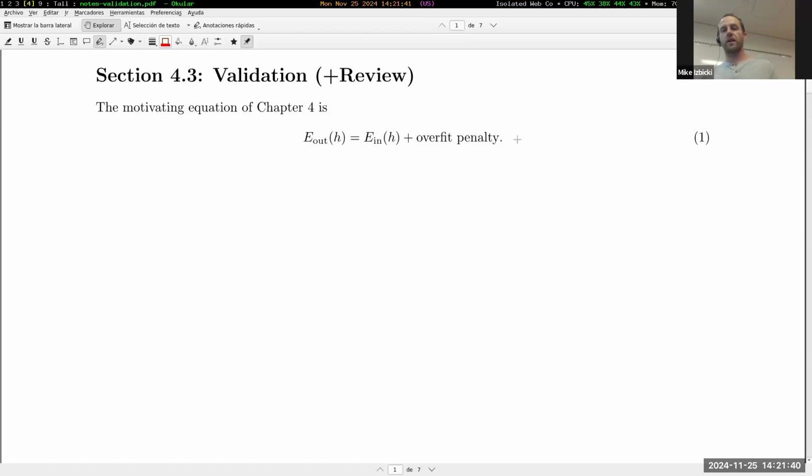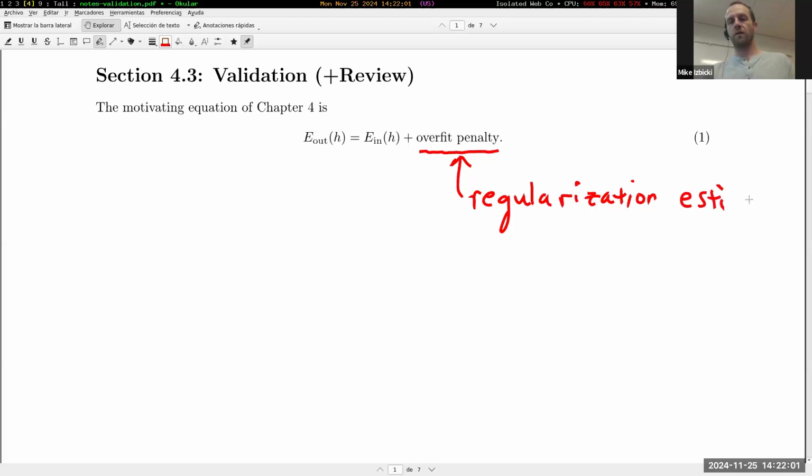And this was their key equation to motivate regularization, that this overfit penalty right here is what regularization is attempting to estimate, this overfitting penalty, or the generalization error. What we're going to talk about now, though, validation, is directly estimating the E_out right here.